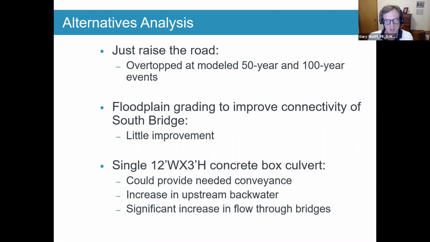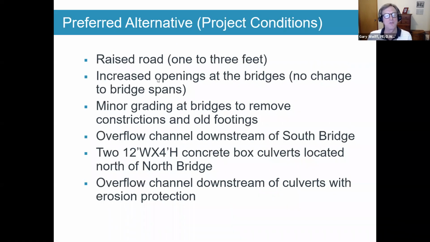So that led to really our final preferred alternative here. So we raised the road an average of 2 feet, but it varied 1 to 3 feet across the floodplain. The openings at the bridges were made larger just by simply raising the roads up. The bridge spans were the same. We did do some grading at the bridges to open up those constricted waterway openings.